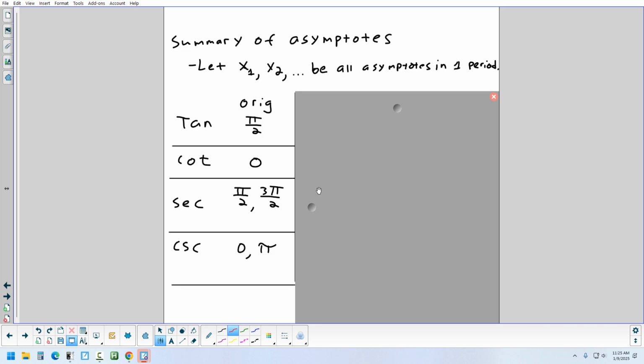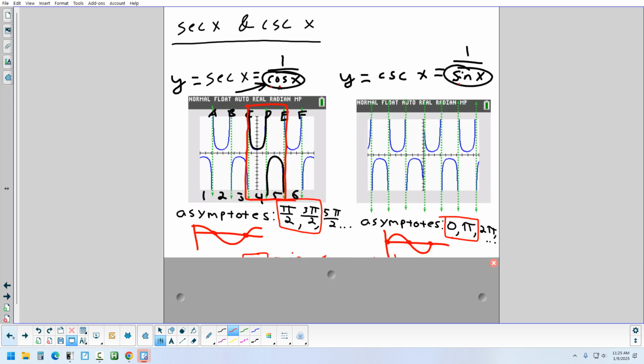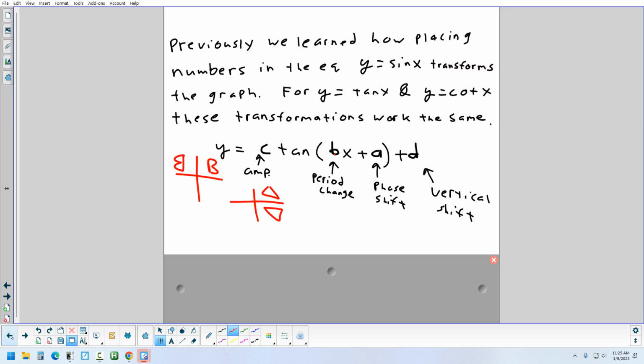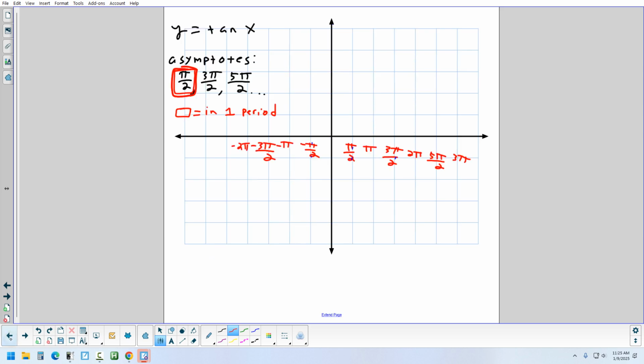All right, so now, let's say I want you to figure out the new asymptotes. Let's look at tangent, or cotangent, it doesn't matter which graph we look at. Here is your first asymptote, pi over 2. Here's your second one. Here's your third one.